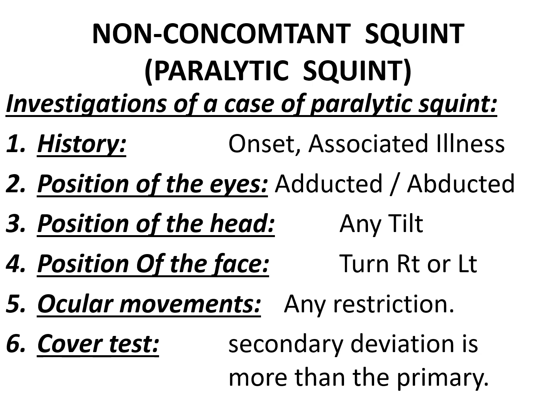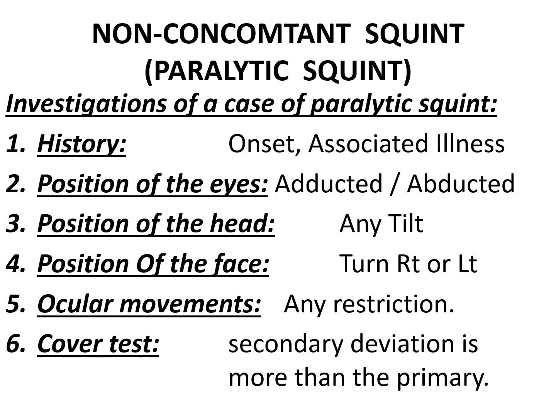Ocular movements may be restricted in the action of the paralyzed muscle. And do the cover test. In the cover test, you will find that the secondary deviation is more than the primary.